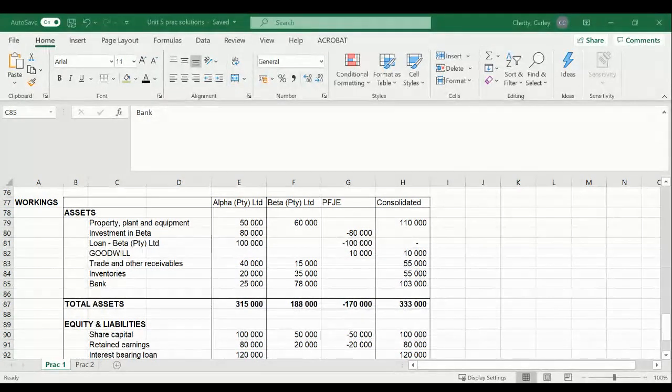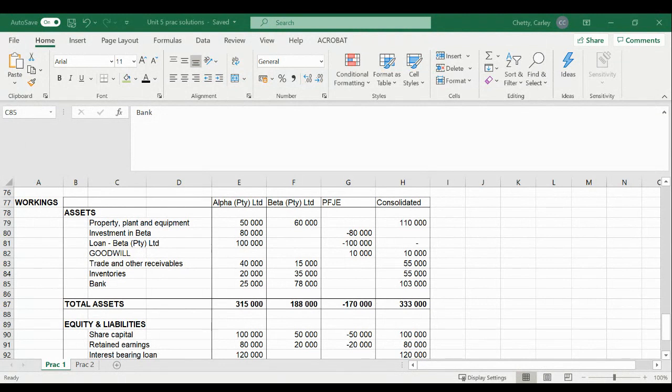So we're going to go alpha plus beta to get the amount of bank in the consolidated financial statements. So 25,000 Rand of alpha's bank plus 78,000 Rand representing the bank in beta's financial statements. Together, this will give us a consolidated bank of 103,000.